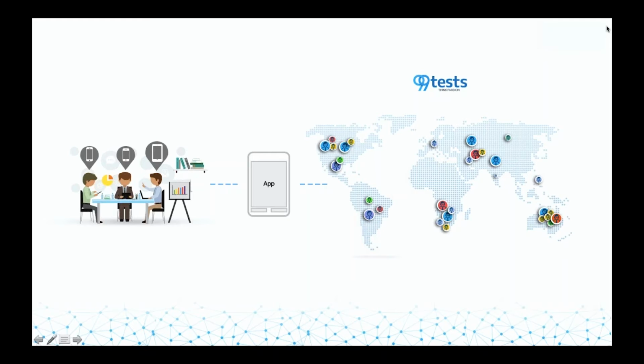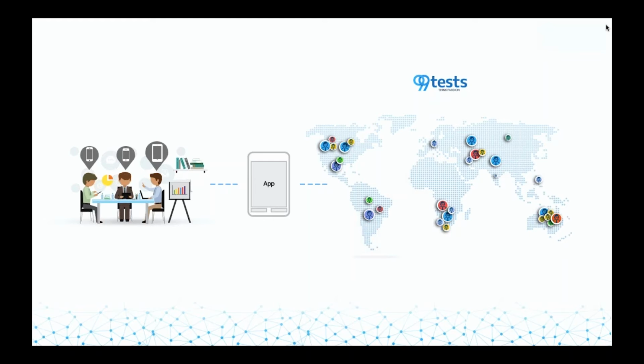The next thing 99 tests can do is get you hundreds of testers, thousands of testers. Since we have over 20,000 testers across the world, we are able to get more than 100 testers in each country. For example, we had a client, Procter and Gamble. We tested across 12 countries with 1,000 testers in just 5 days.